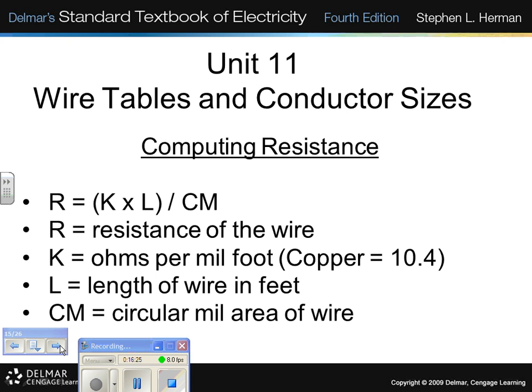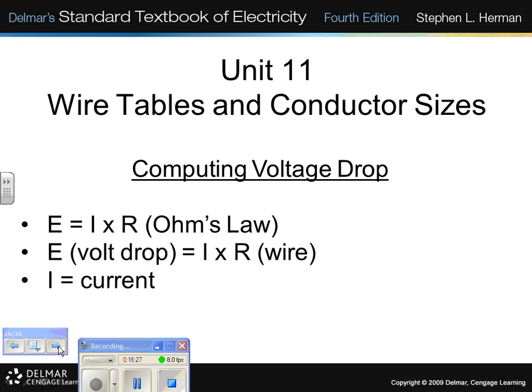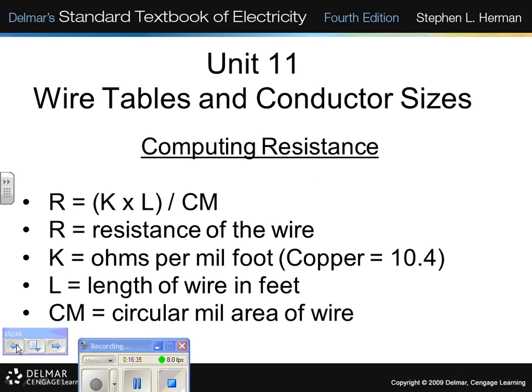And we're going to have one more formula from that. Wire tables. Okay, let's go back. I'm going to introduce you to a new formula. I think the book is going to come to that anyway, but if it doesn't, I want to make sure that I give you this formula. Nice and final. Okay, we have K times L over circular mils, right? And what does that give you? Is that the resistance? Yeah, that's the resistance. But I'm going to give you a new formula.